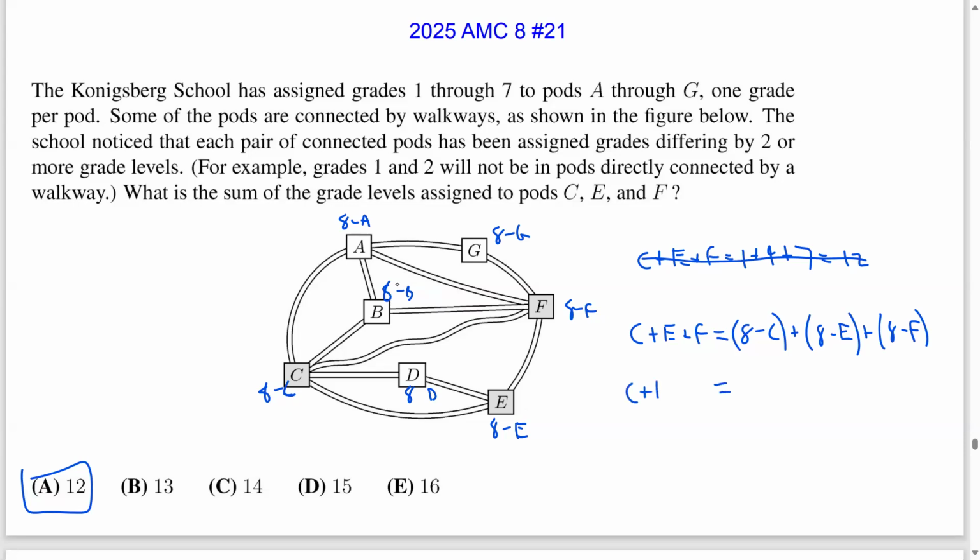And so this is going to simplify to C plus E plus F equals 24 minus the sum C plus E plus F. Now we can conclude that C plus E plus F has to equal 12. Again, this shows that the answer is choice A, but we did not need to actually compute C, E, and F.